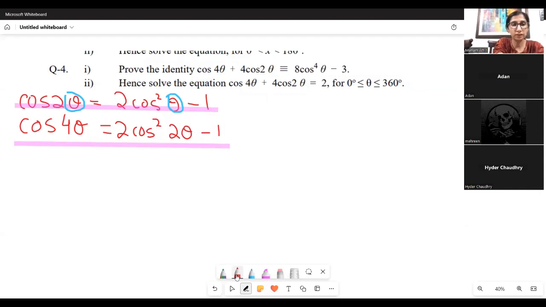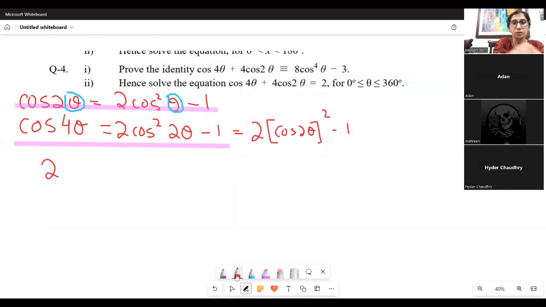Now I'm going to make this substitution. So cos 4 theta is 2 times, and for more clarity I'm writing this as cos 2 theta in brackets, whole square, minus 1.